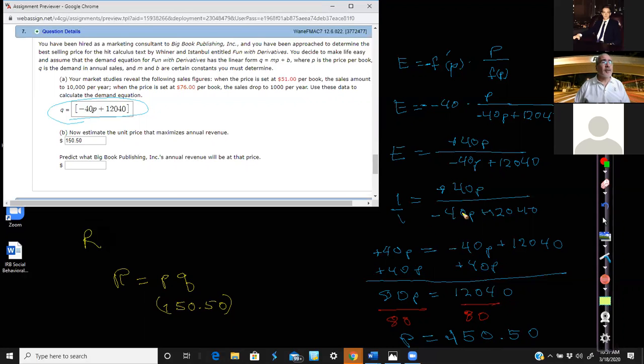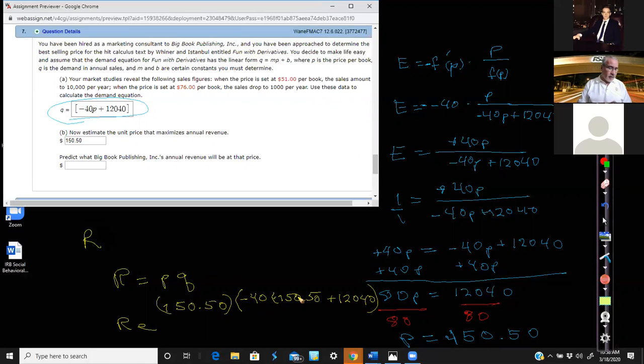Quantity sold is going to come from our equation up here. So that's going to be minus 40 times the price of 150 plus 1240. Okay, so let's see what kind of amount that gives us.